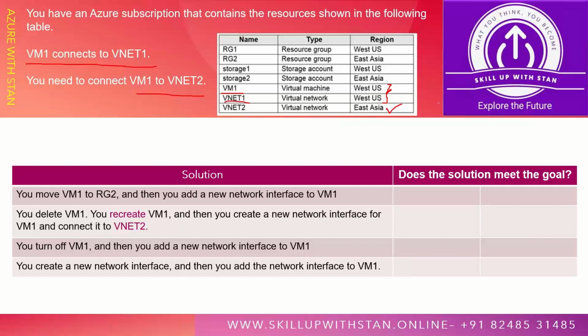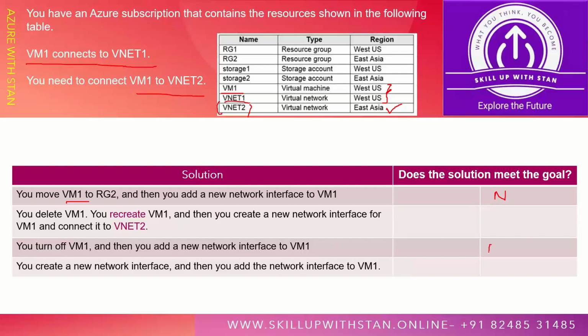So I think you move the VM1 to RG2. That is not going to help, because moving the VM to a different resource group does not get us attached to a different network. That is not the right answer. Next, you turn off VM1 and add a new network interface to VM1.